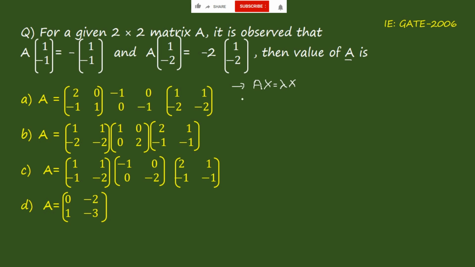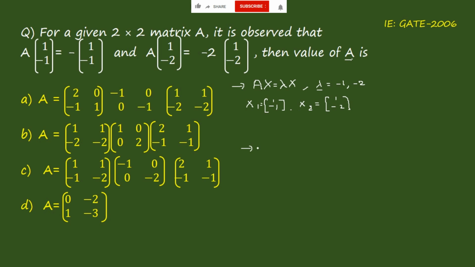Yes or no? So we can see that the lambda values are minus 1 comma minus 2, x1 is 1, minus 1, and x2 is 1, minus 2. These are my eigenvectors and these are my eigenvalues. Now you have to find the value of A.